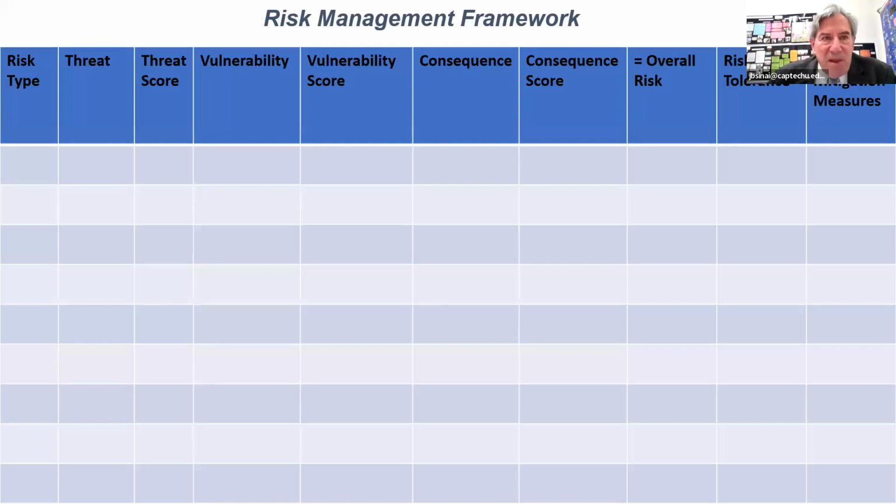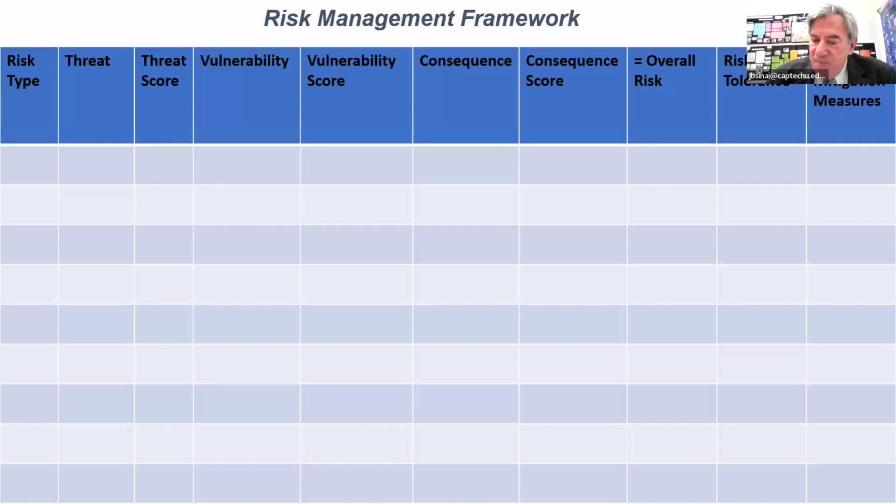The nature of the threat, the scoring that you've come up with for the threat, the nature of the vulnerability to be attacked by the threat, and then the score that you have given to the vulnerability, the consequence of being attacked, and again, you would come up with a score for it. And this will help you to produce an overall risk score.